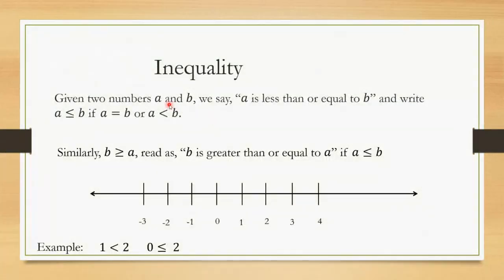We also have this. Suppose now you have 2 numbers, A and B. We also like to say A is less than or equal to B. And we like to write this if A is equal to B or A is less than B. So here we write this if either one of these two happen.